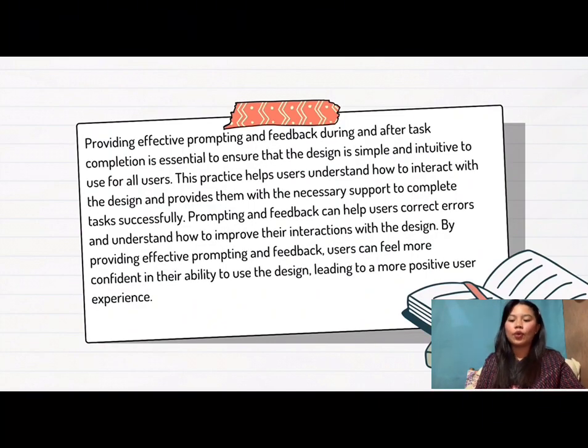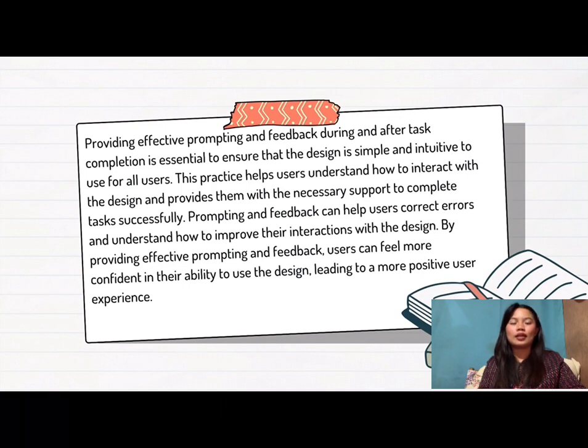Provide effective prompting and feedback during and after task completion. So, it is essential to ensure that the design is simple and intuitive to use for all users. This practice helps users understand how to interact with the design and provides them with the necessary support to complete tasks successfully.